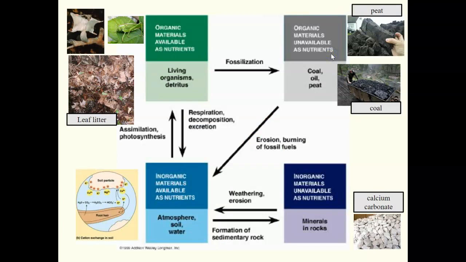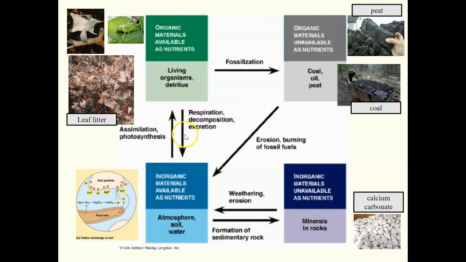You don't need to know the details of this picture, but it just kind of shows how things could cycle back and forth between these different forms. For example, if we focus on carbon, we know that carbon dioxide is inorganic, but it's available. That means plants can take it in. They can take it in and use it in photosynthesis and create an organic compound. So now it's organic and available.